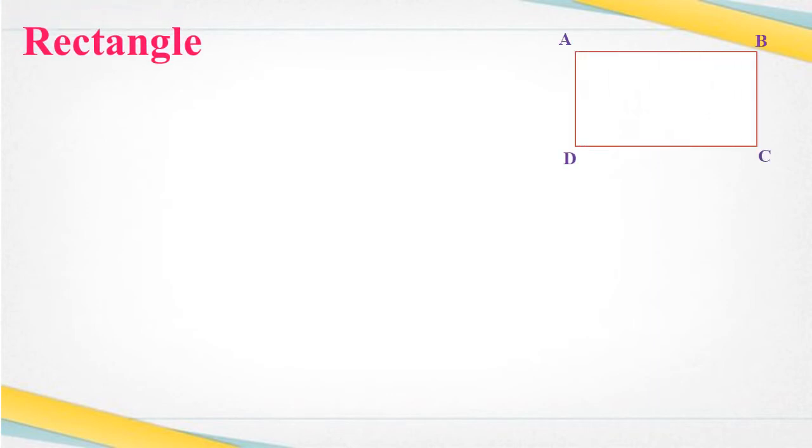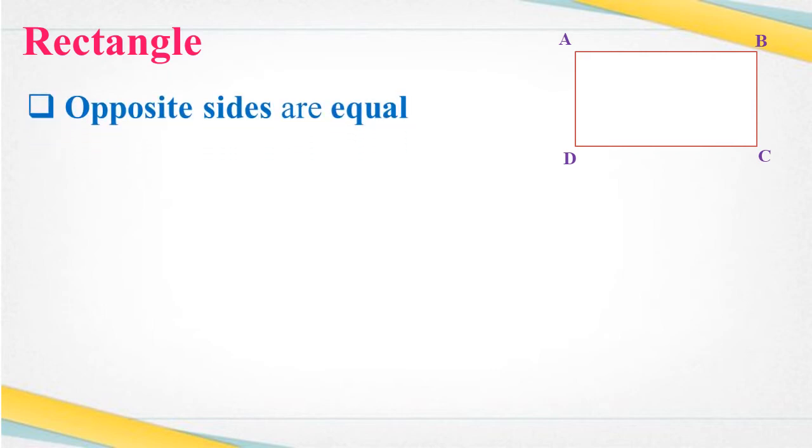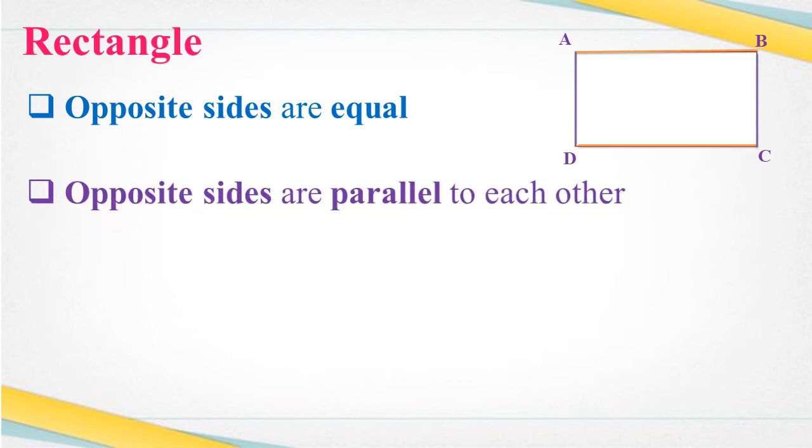A rectangle. Look at this picture, rectangle ABCD. Opposite sides are equal. See, side AB is equal to side DC and side AD is equal to side BC. Opposite sides are parallel to each other. Here, side AD is parallel to side BC, then side AB is parallel to side DC.